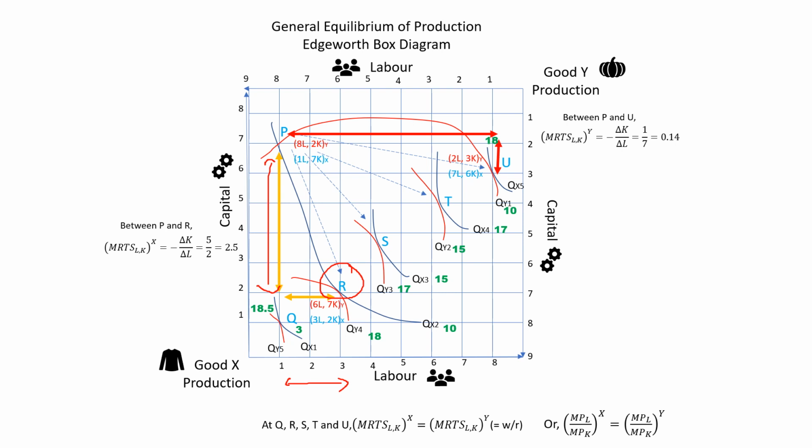So the implication is the fact that the producer of clothing gets 2 units of labor and has to pay for it by 5 units of capital.